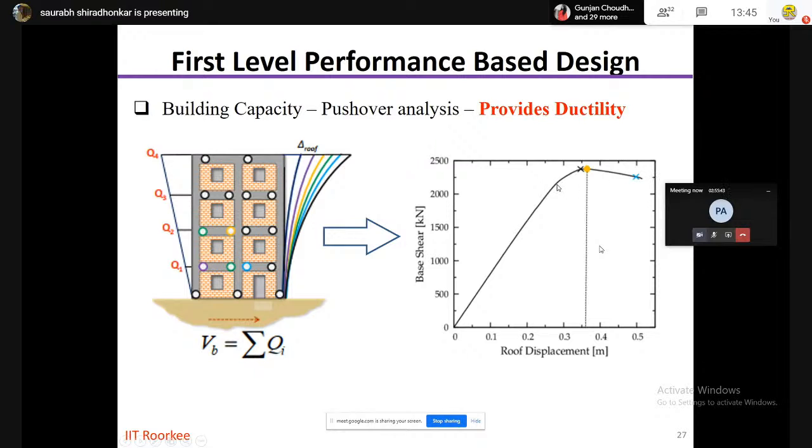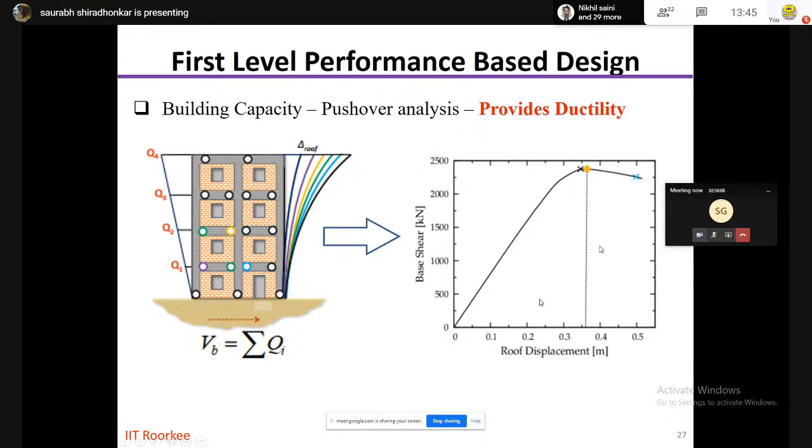Now, once we figure out the yield point at which there is a change in slope, that is my yield displacement. And likewise, the displacement at which my building stops providing any resistance is my ultimate displacement. So the ratio of ultimate displacement to the yield displacement is called ductility.